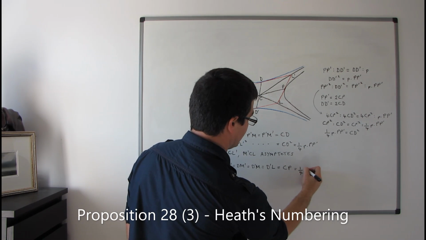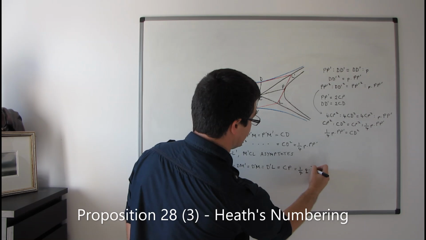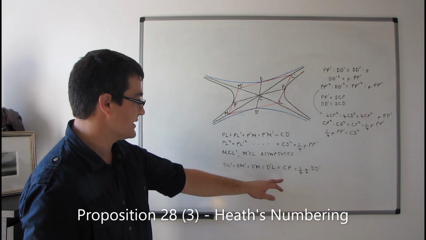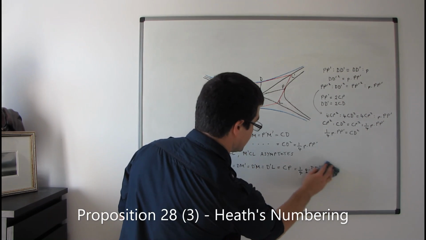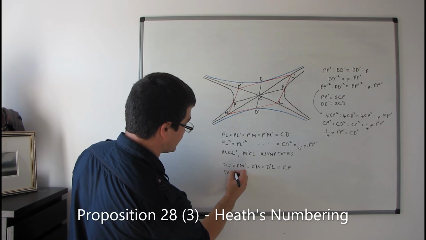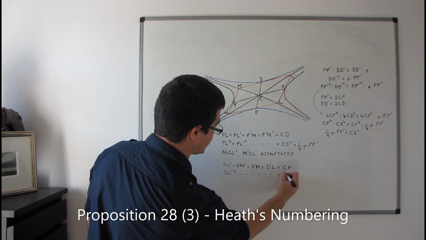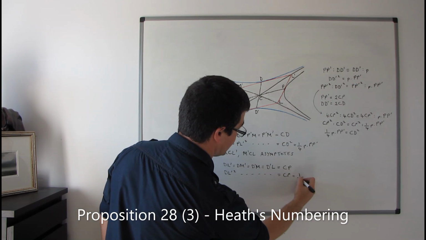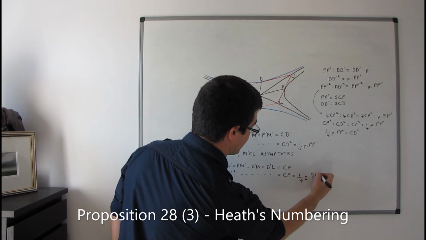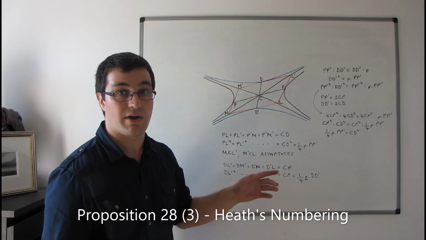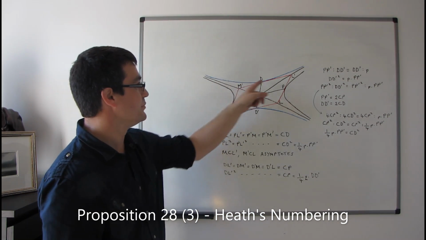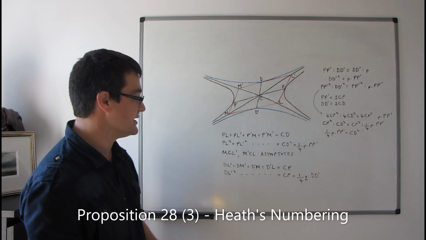So I'll just call that maybe Q times D primed. But sorry, that's not quite right, because I need to square all of these. So it's DL primed squared, etc., equals CP squared, and that equals a quarter Q times D primed, where Q is the parameter. I'm going to use Q to represent the parameter of the blue hyperbola here with respect to D primed.